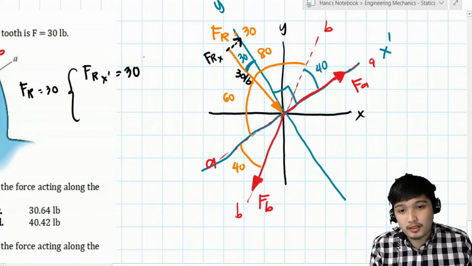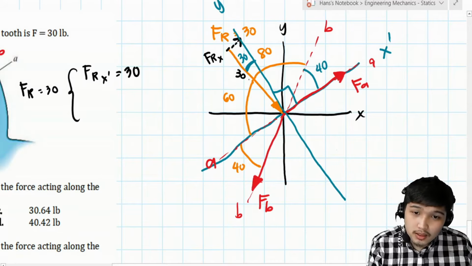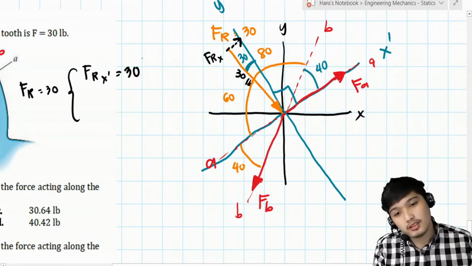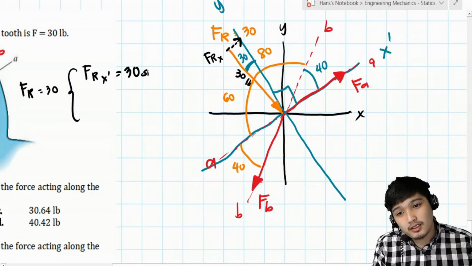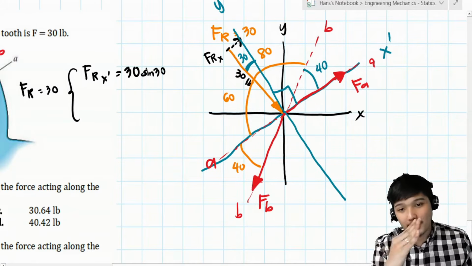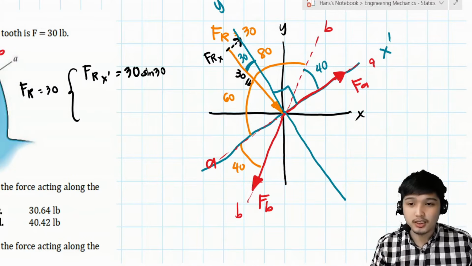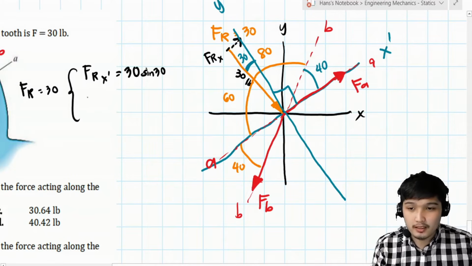So 30 pounds, let me fix it, it looks like it became 301. 30 pounds, and then sine of 30, toward the positive x prime axis. So positive 30 sine 30. That is FR sub x prime.